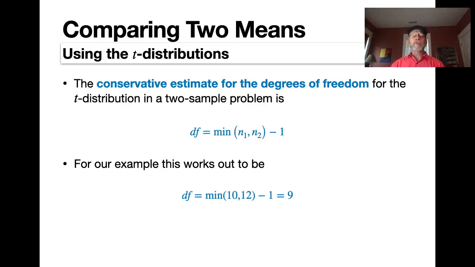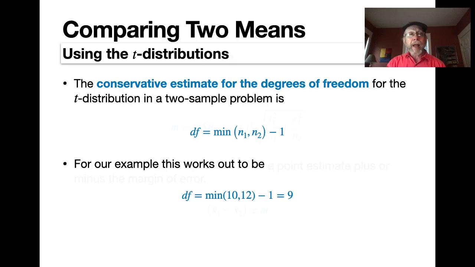Your margin of error will actually be larger than what you need for 95% confidence. You'll get actually more like a 96 or a 97% confidence level when using the conservative estimate. So we're again erring on the side of safety. So we'll be using the conservative estimate for the degrees of freedom in all our work over this talk and the next several.